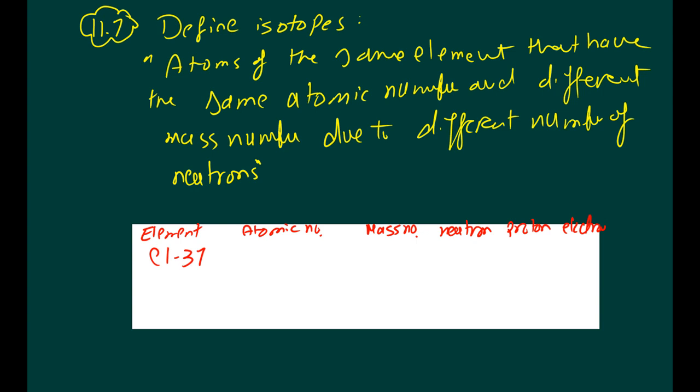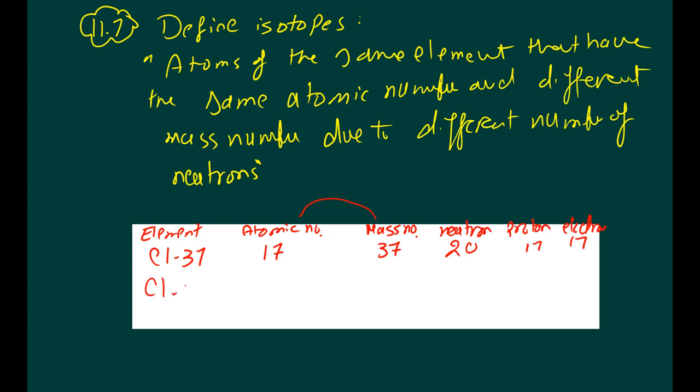You will get the atomic number from the periodic table, it's 17. Mass number is 37. Number of neutrons equals mass number minus atomic number, so 37 minus 17 equals 20. The protons, which equal the electrons and the atomic number at the same time, are 17.